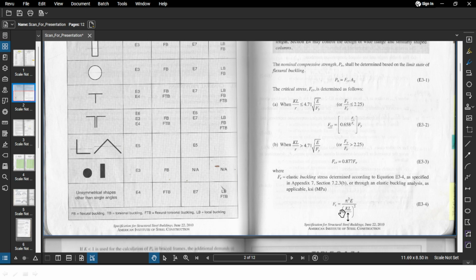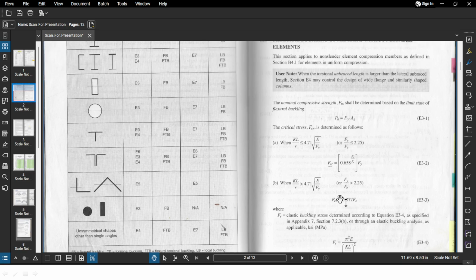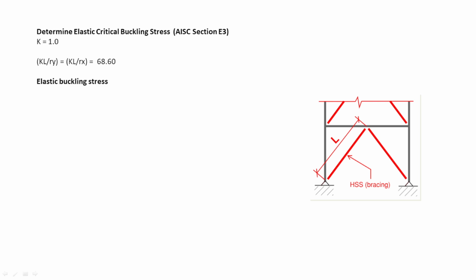We have the elastic buckling stress, and the criteria for using this formula; if KL over r is greater than this limit, we have to use the other one. So KL over r should be less than or equal to 4.71 square root of E over Fy, or Fy over Fe, where Fe is the elastic buckling stress, should be less than or equal to 2.25. These are all the conditions and criteria, guys. Now let's go back to our equation.